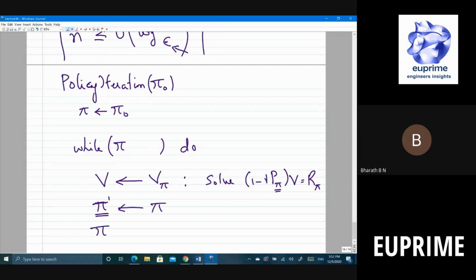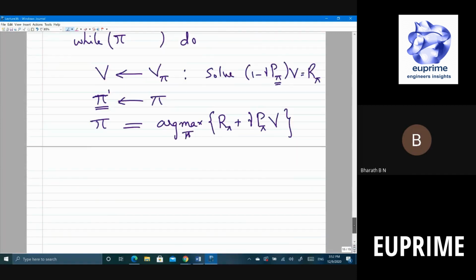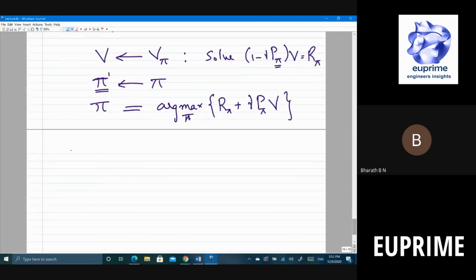The way you update is you pick a pi that maximizes r pi plus nu times P pi times v. You have the previous value, find the argmax, and look at this.